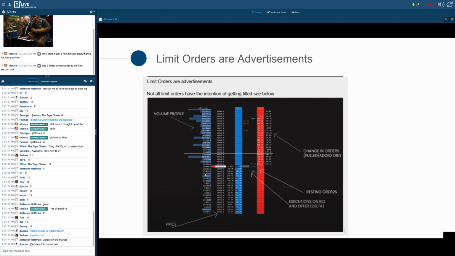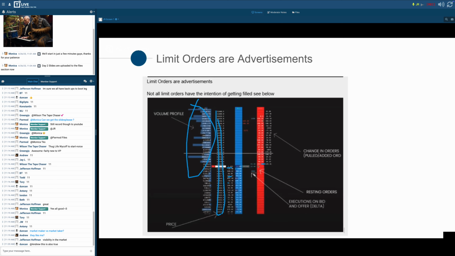So this is just a quick picture of a DOM, right? A depth of market order system, and you can see here you've got your volume profile on the left. You've got your price ladder right here, and then your limit orders are your advertised prices, right?